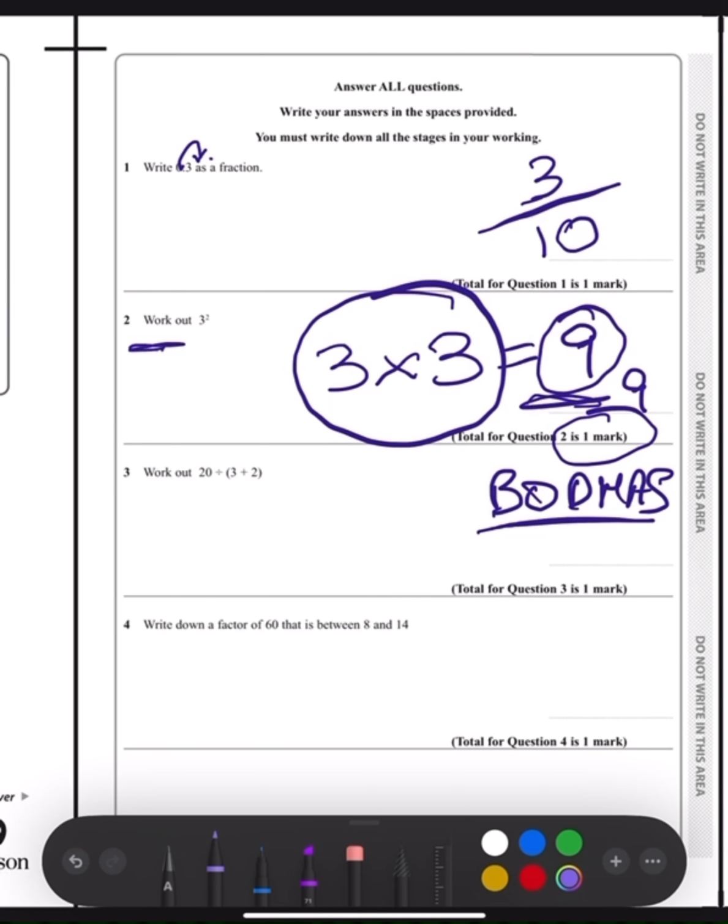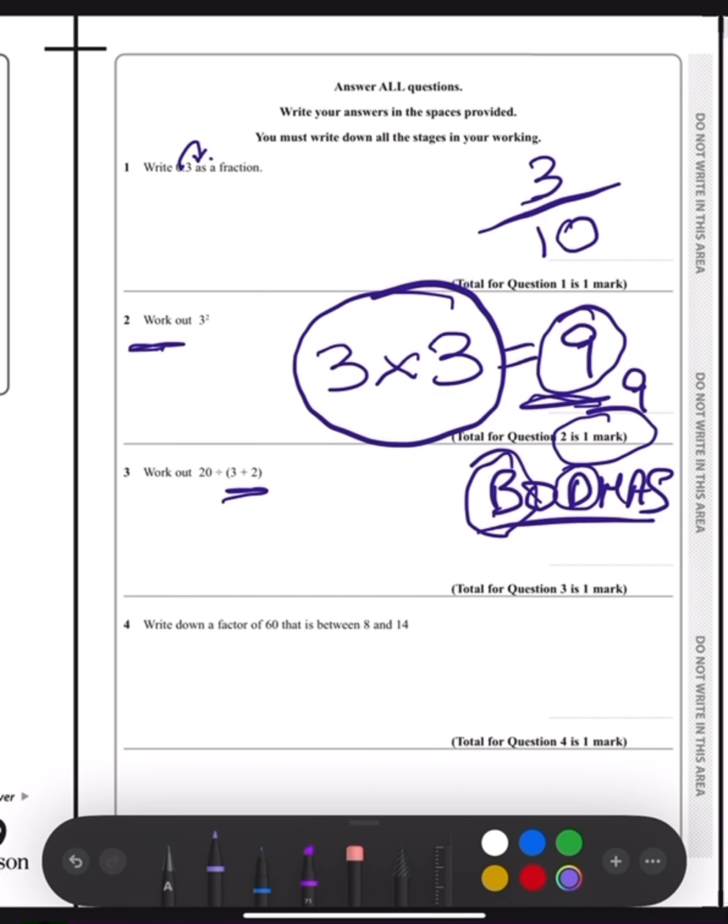But is it a first sign in the BODMAS order? No, it is not. It is given as a third. Okay, let's see next. Now we have a bracket 3 plus 2 bracket closed. Is there a bracket in the front? Is it before division? Yes, it is. What does it mean? That firstly, we need to solve the brackets.